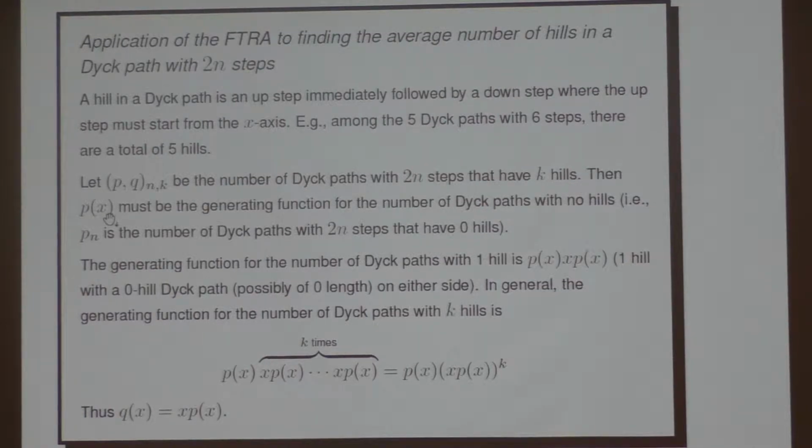So if this is a Riordan array, then the first column must be the coefficients of the generating function for p of x. So the first column corresponds to 0 hills. So that means that p of x must be the generating function for the number of Dyck paths with no hills. So in other words, if you look at the nth row, that gives you the number of Dyck paths which contain 2n steps and have 0 hills.